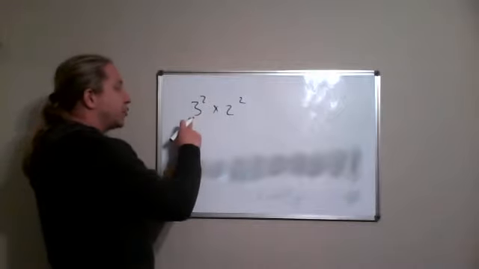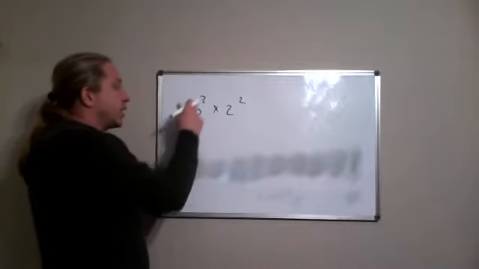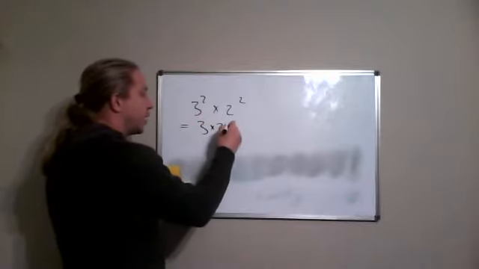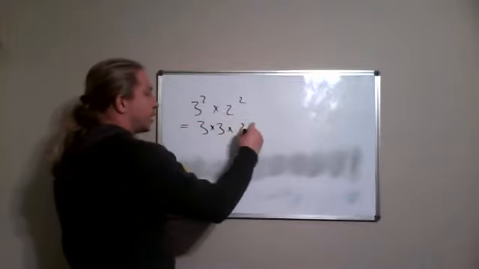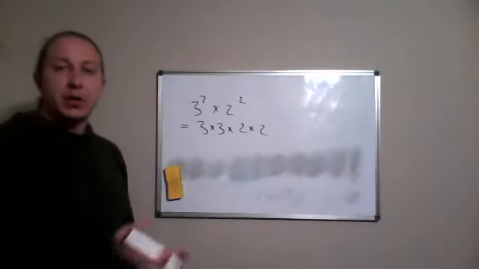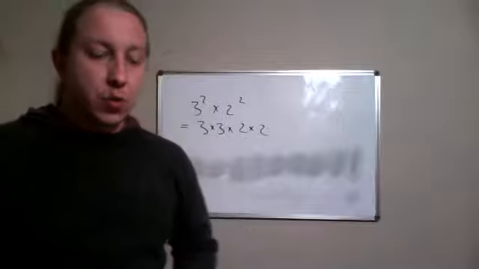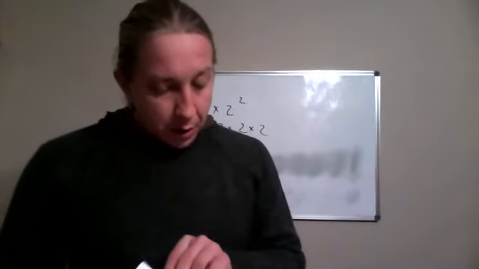This is just 3 times 3, but to make it easier you can just write it out: 3 times 3 times 2 squared, which is 2 times 2, and then just multiply it out. But guys, at this stage, I do want you to know what a square is and what a cube is. Okay, moving on.